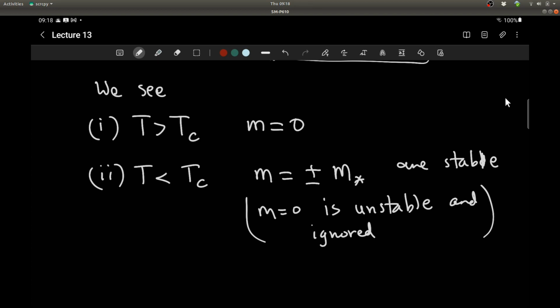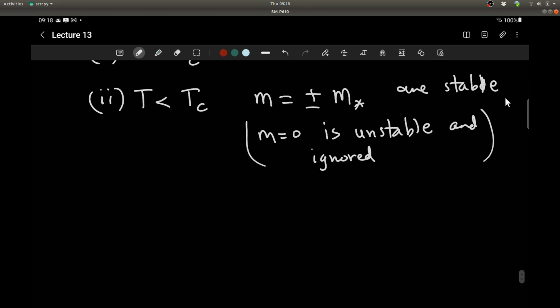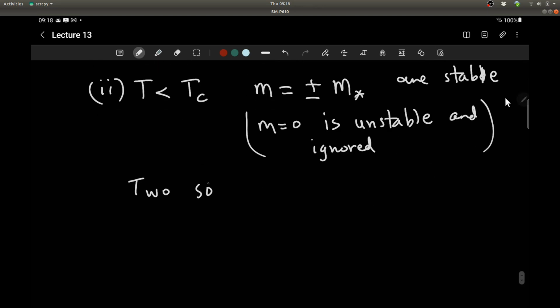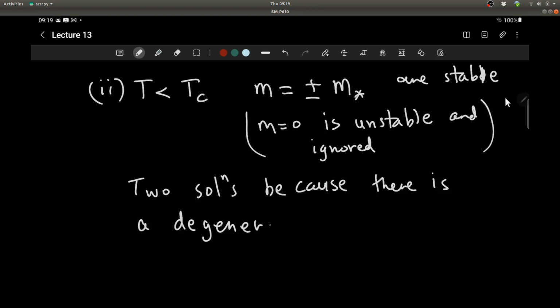Okay, so now the question to you is, why is it I have two values? Up and down, or spin up and spin down kind of thing. Absolutely. Okay, so there is a degeneracy. Two solutions because there is a degeneracy. B is 0, but yeah, so this is the whole point.